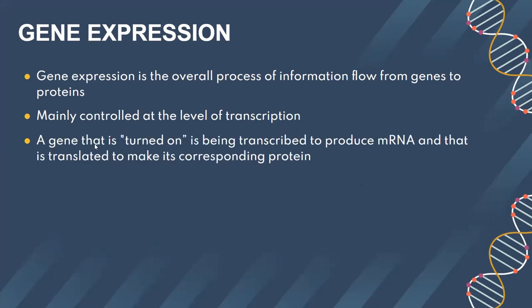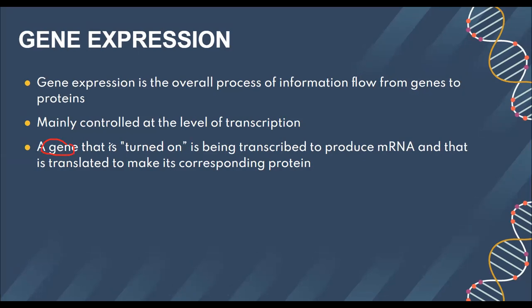So when a protein is required, when an mRNA is made, when transcription happens, then we call the gene turned on. Let's say this is a part of the DNA which encodes for an enzyme required in glucose metabolism. This particular gene is undergoing transcription, meaning mRNA is getting made from this region of the DNA.